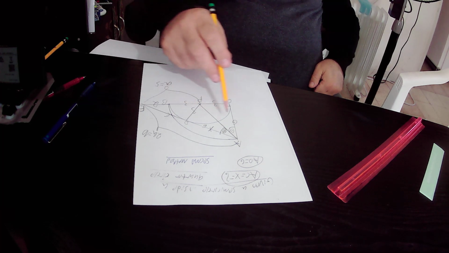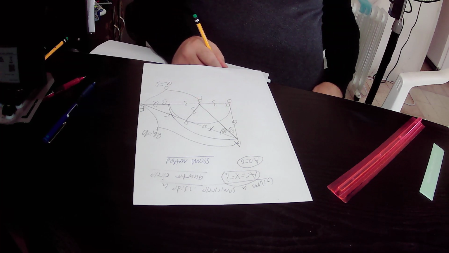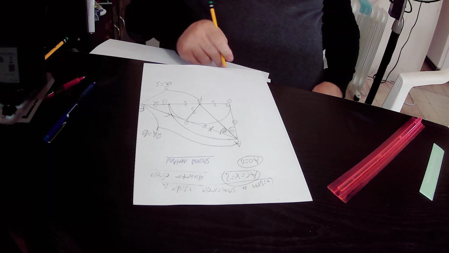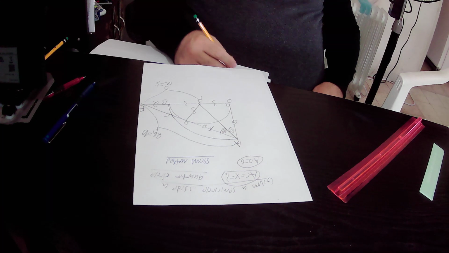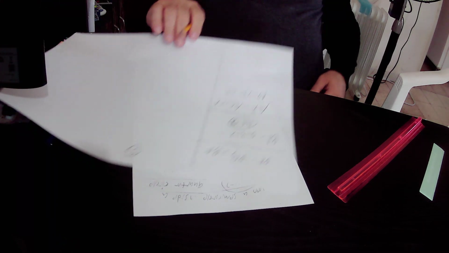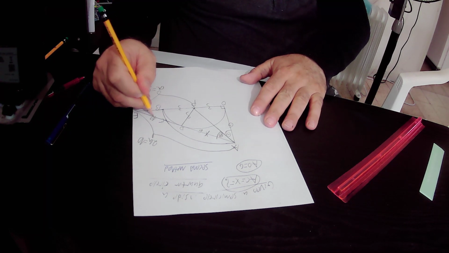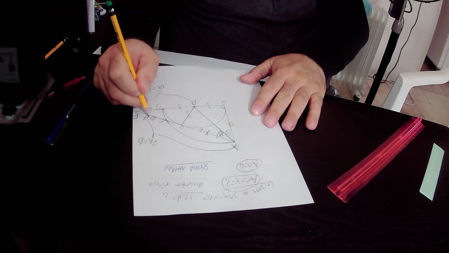AC is the variable that we are looking for, it is equal to X. So in conclusion, we found out that CE equals 10 minus X.